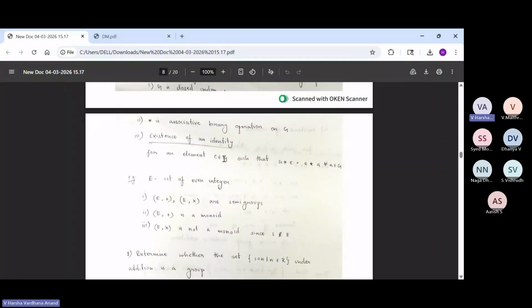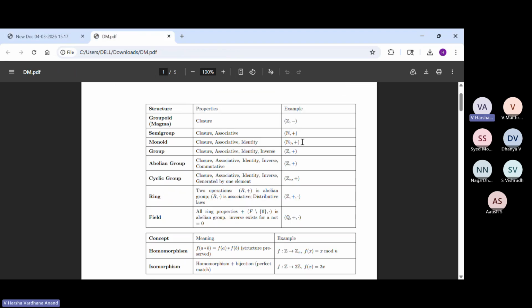Identity means you have an operation plus. If you do that operation on something, it will effectively amount to nothing. So 1 plus 0 will be 1. So that is the existence of an identity. And you can see here is N0. That is natural numbers with 0 in that, plus. So effectively the whole number set. It should not be N0, it should be W there. So monoid is semigroup plus identity.